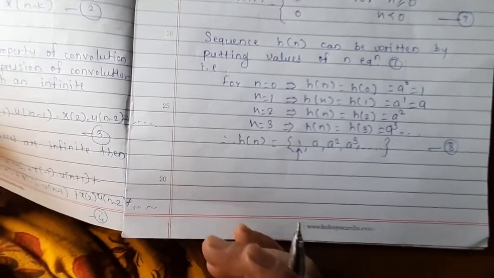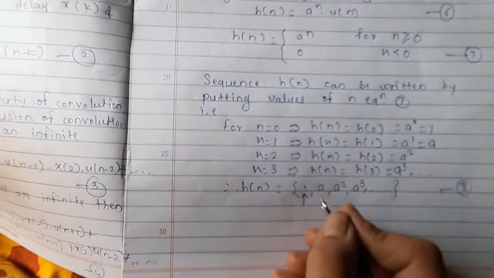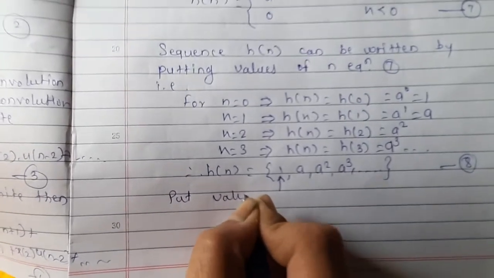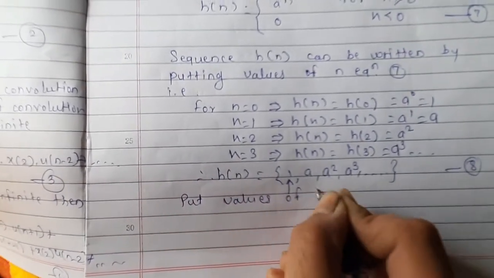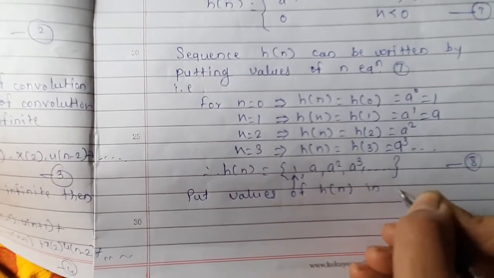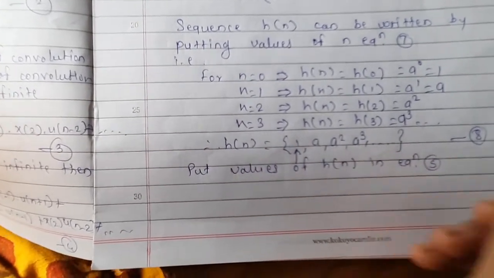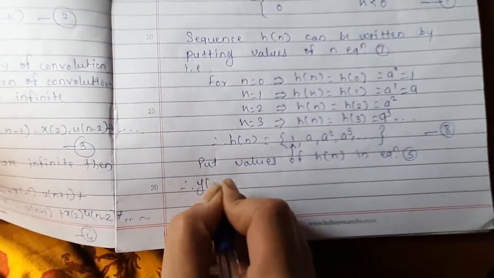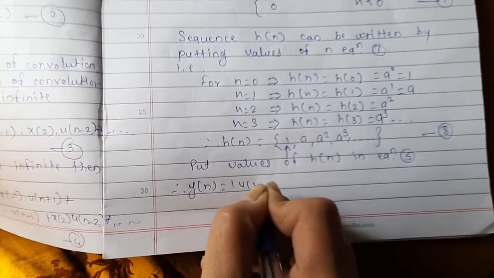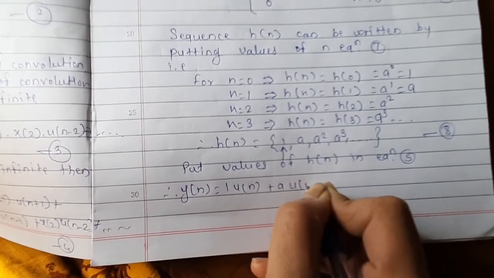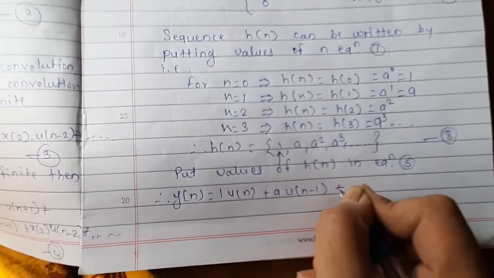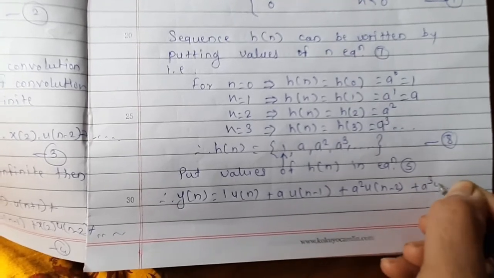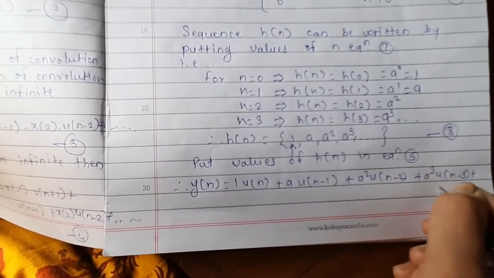Now putting values of h of n in equation 5, we get y of n is equal to 1 into u of n plus a u of n minus 1 plus a square u of n minus 2 plus a cube u of n minus 3 plus dot dot dot.